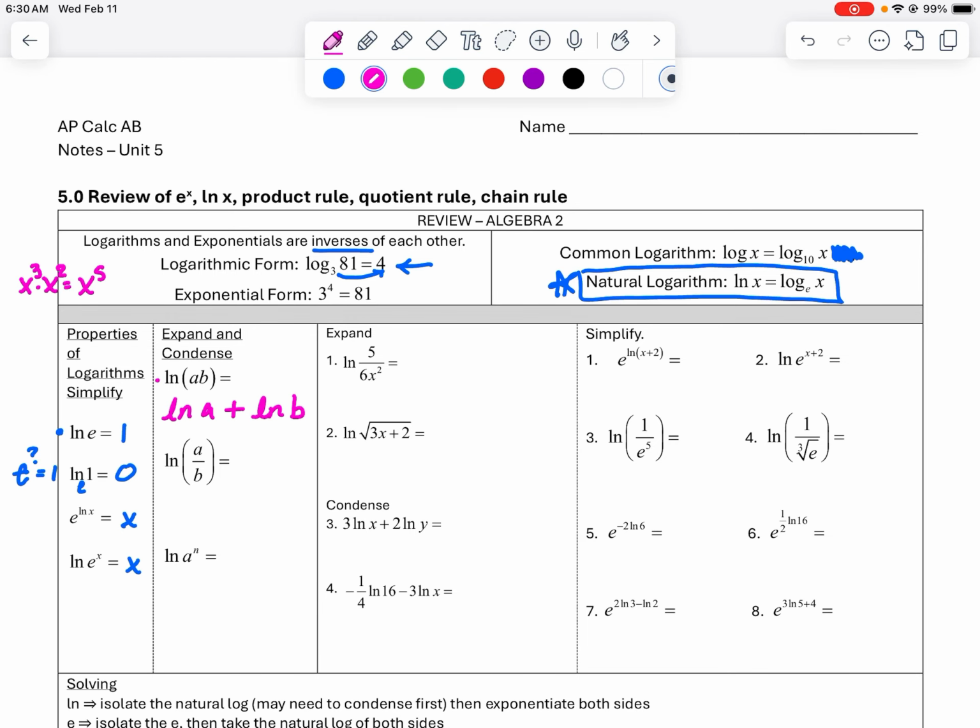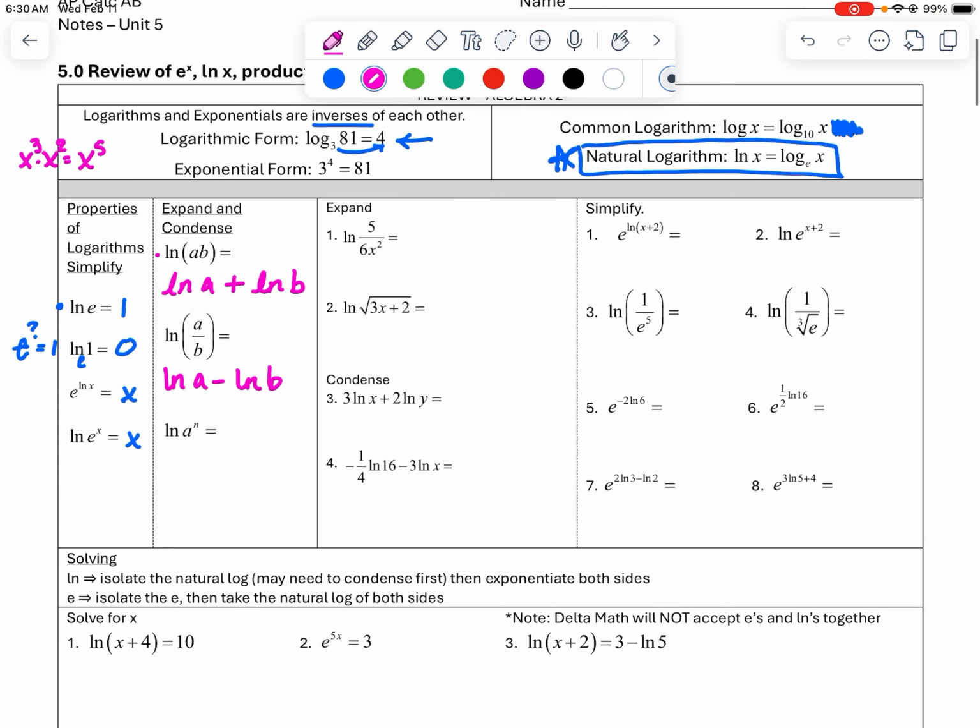Natural log of a divided by b can be written as natural log of a minus natural log of b. And if we have a power, a to the n, we can move it out front. So this can be written as n times the natural log of a.